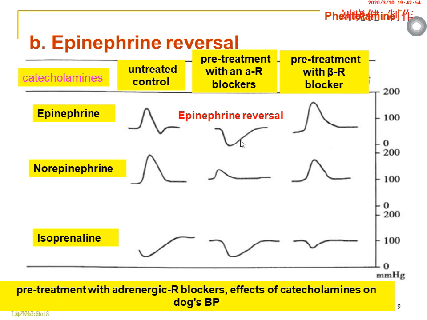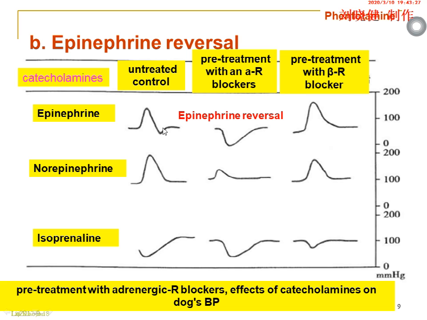Understand? So actually, how does the textbook state this? Epinephrine reversal means conversion of the pressor response to epinephrine to a blood pressure lowering effect. It is caused by alpha receptor blockers, which unmask the beta-2 effects of epinephrine.